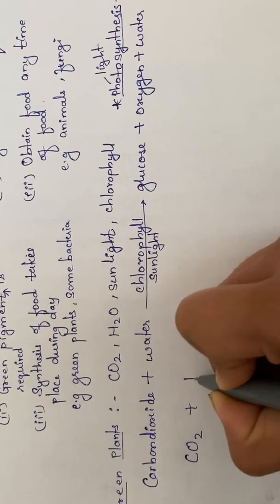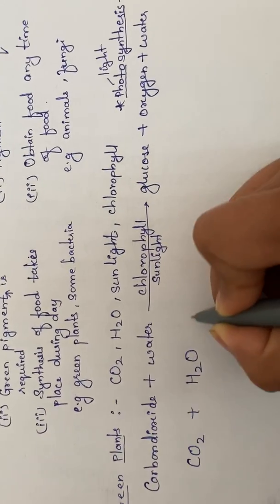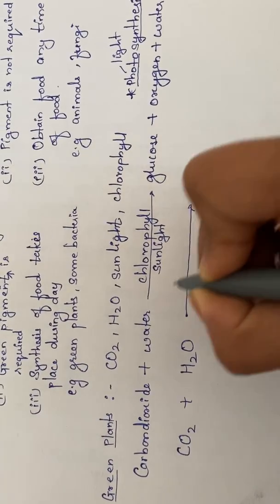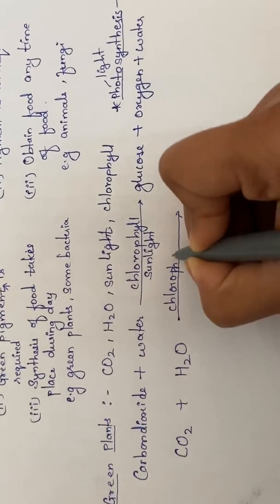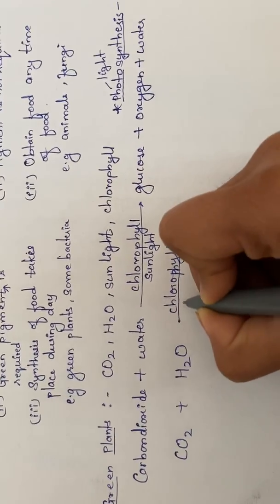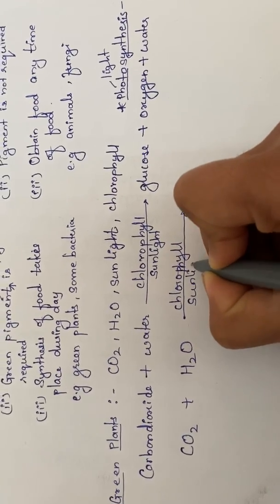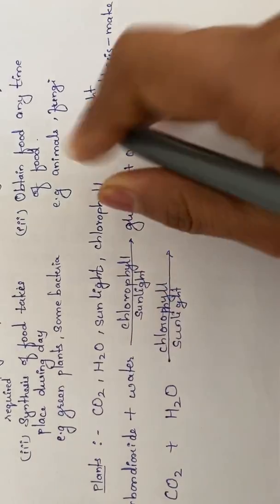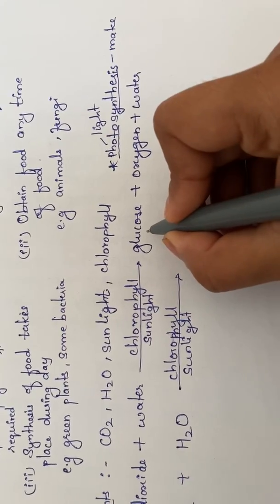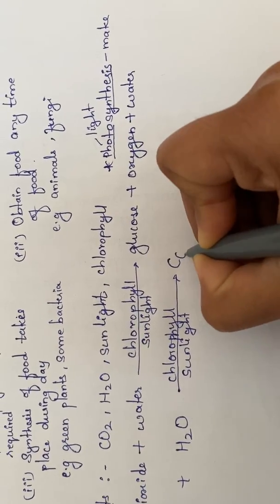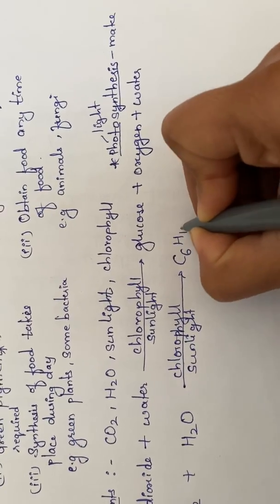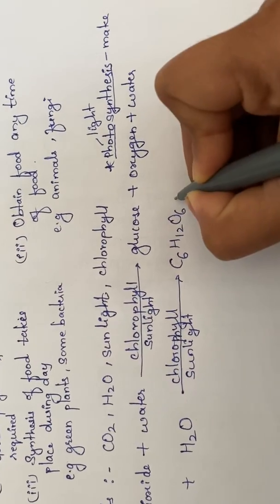Right. Now if we write this equation in the form of chemical formulas, carbon dioxide, you know, is CO2, water H2O, chlorophyll, sunlight, glucose. This glucose is a 6 carbon atom structure. The formula is C6H12O6.